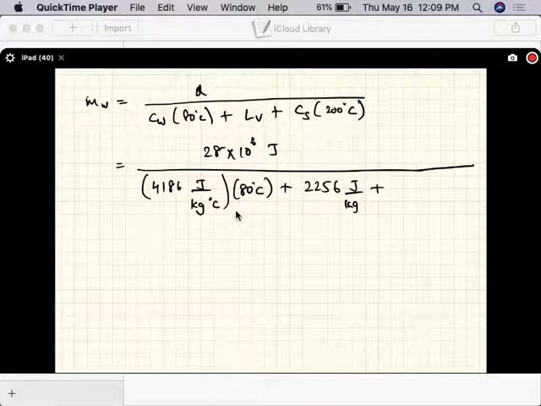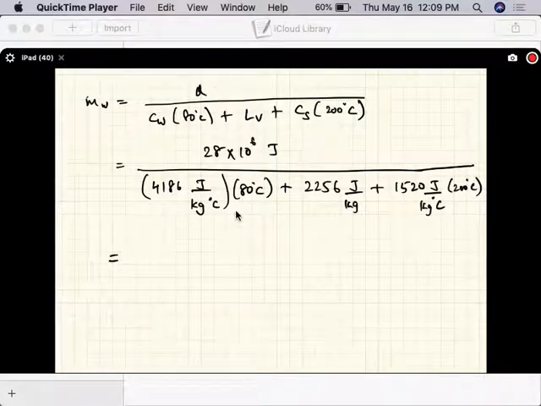Specific heat of steam is 1,520. Latent heat of vaporization is 2256?